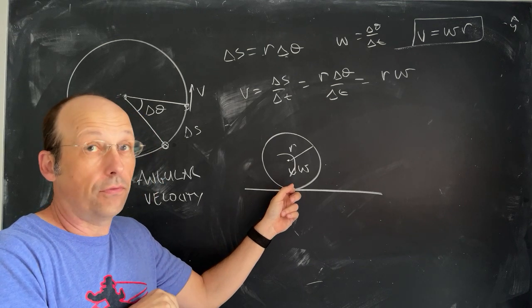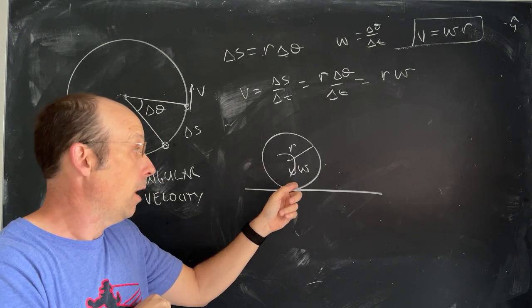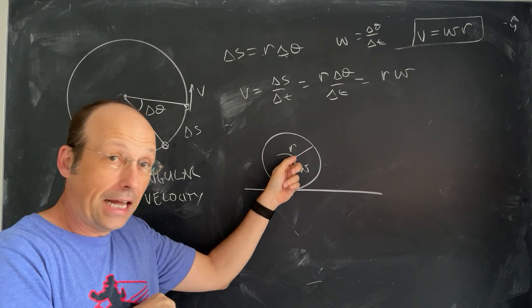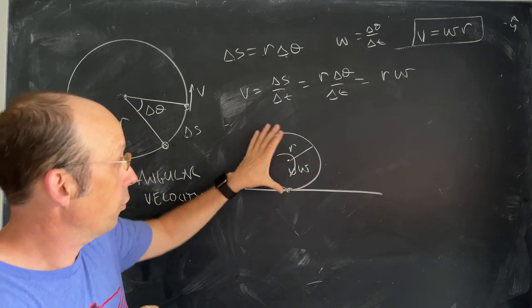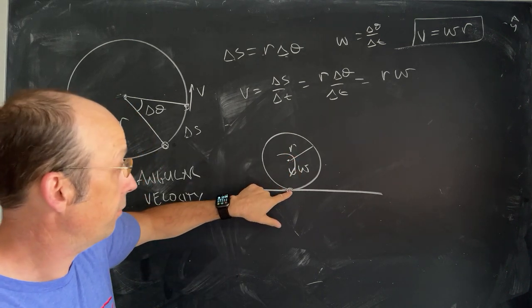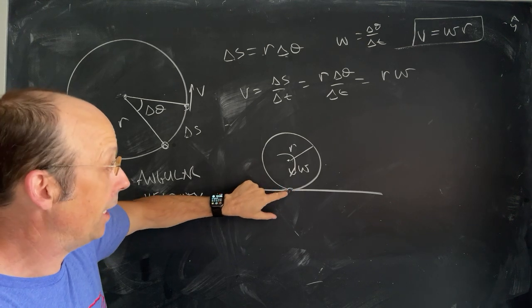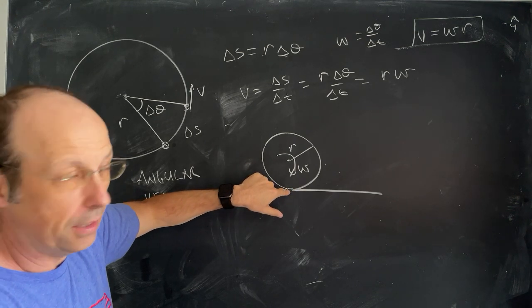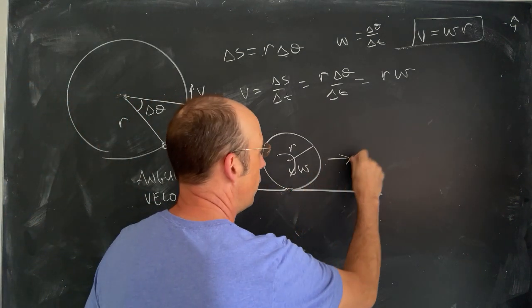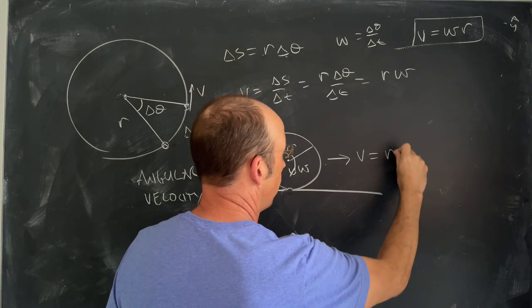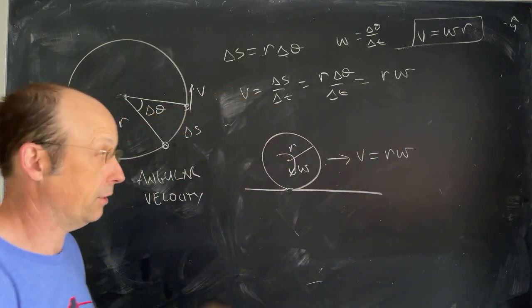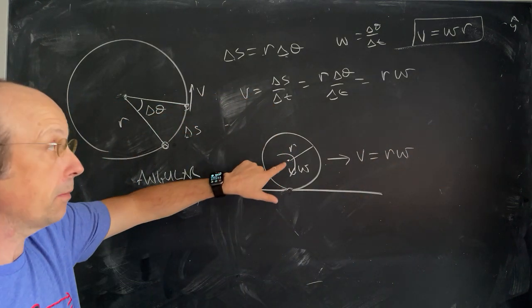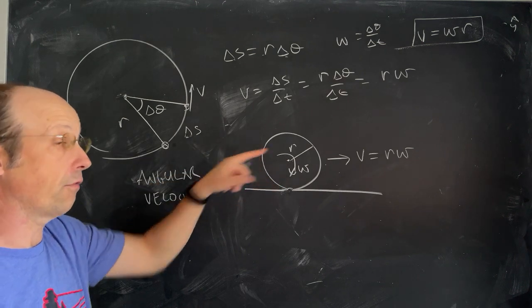That means that the center has to have a velocity that is the negative of the contact point velocity in order to keep that contact point stationary. So the only way that can work is if this wheel is rolling with a velocity of r times omega. So the center of mass of the wheel depends on the rotational velocity and the radius of the wheel.